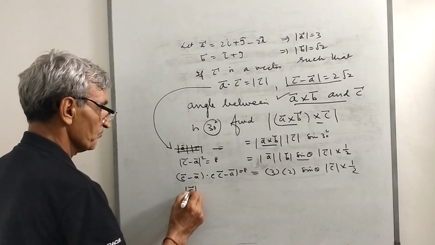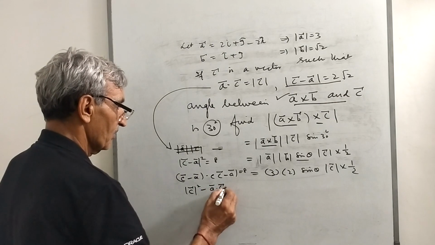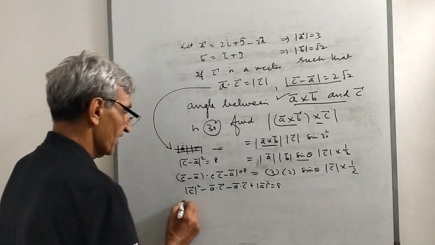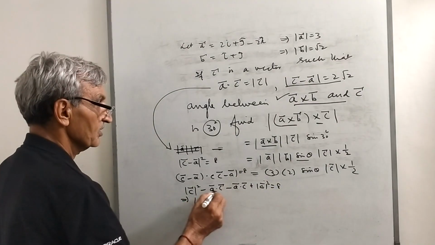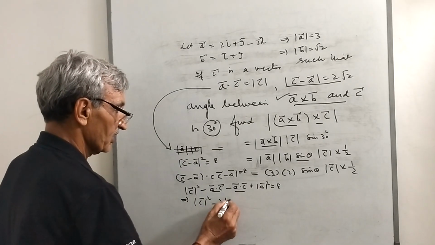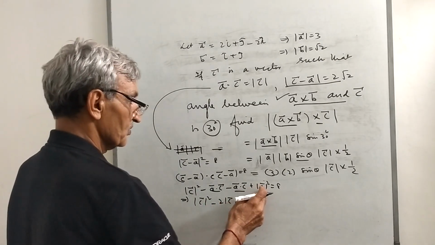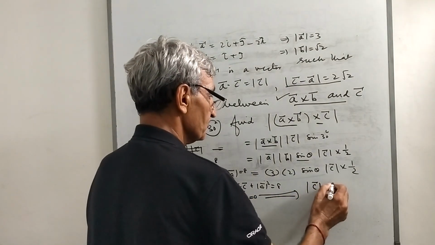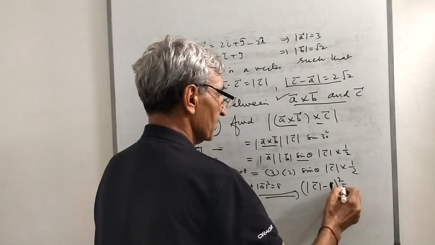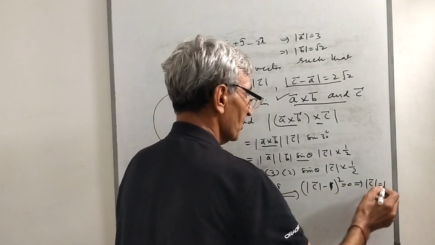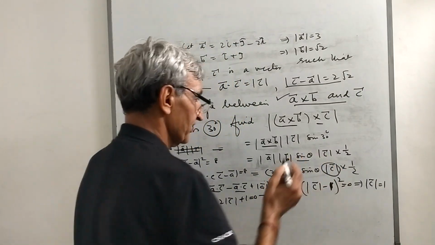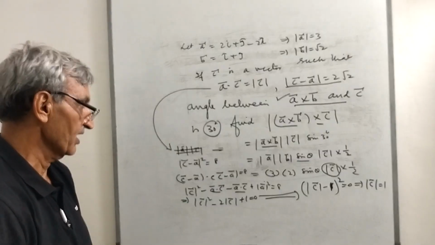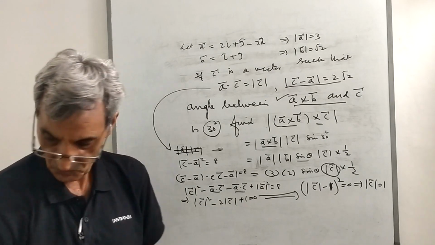That gives magnitude of C squared minus 2 times magnitude of C plus 9 minus 8 is equal to 0, so magnitude of C minus 1, whole squared, is 0. Therefore magnitude of C is equal to 1. I find magnitude of C is equal to 1.